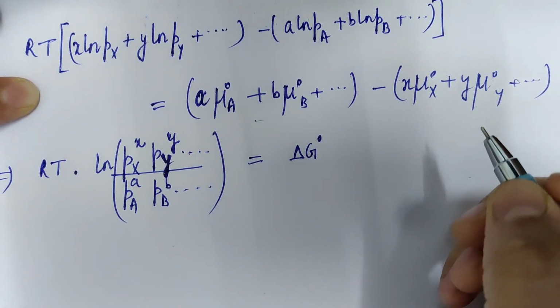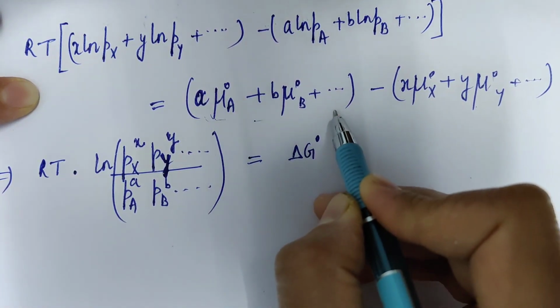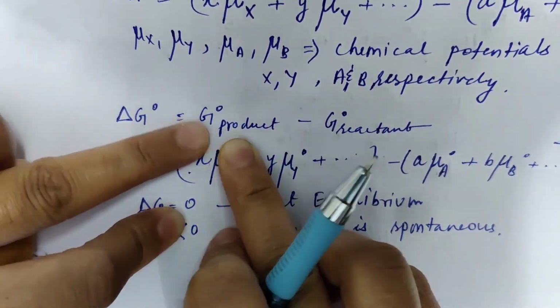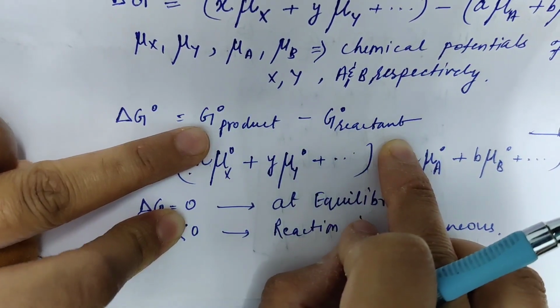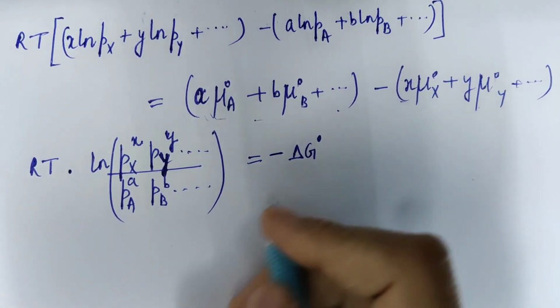But there is one thing, it is written in terms of reactant minus product. But here what we had is G naught product minus G naught reactant. So here we will have a negative sign in front of delta G naught.